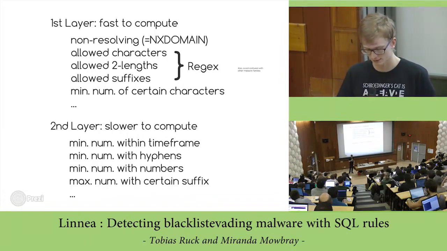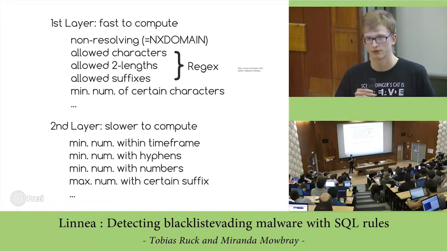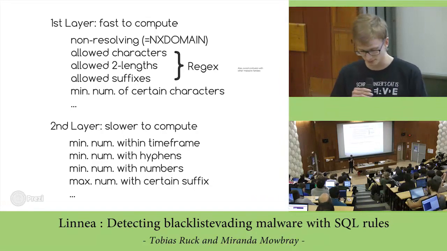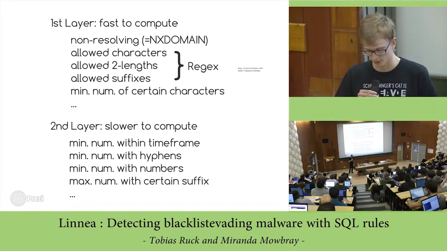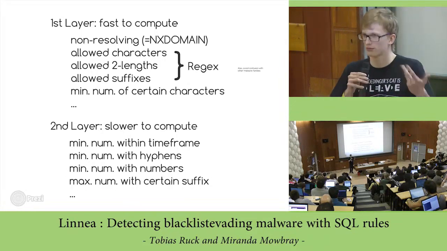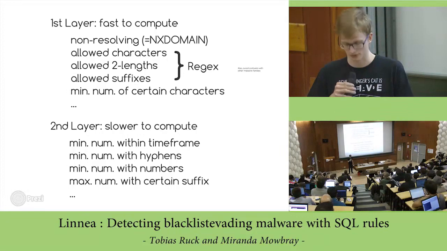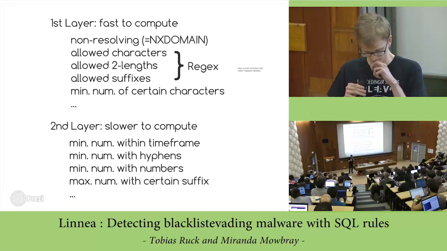What we could also try to find out as a property is, for example, the frequency of vowels or something like that in a domain, as we can see later. In the second layer, which is a bit slower to compute since it aggregates over multiple domains, we check if there is a minimum number of domains within a time frame, or if there's a minimum number with hyphens or numbers, or a maximum number with a certain suffix.